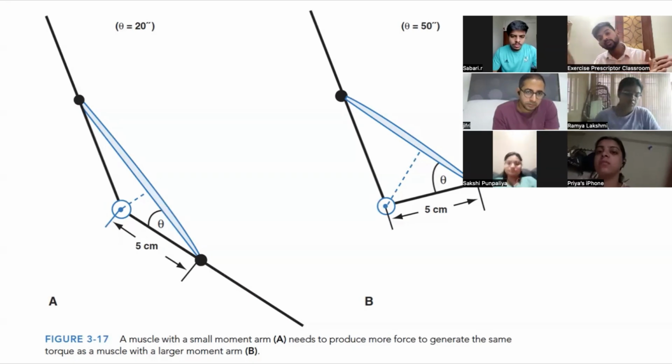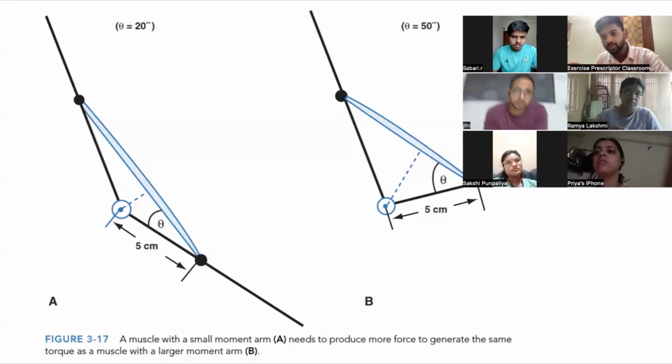If the resistance distance is too much, it is tough. If the resistance is close, it is easy. Resistance distance is inversely proportional to the ease of movement, and muscle distance is directly proportional.